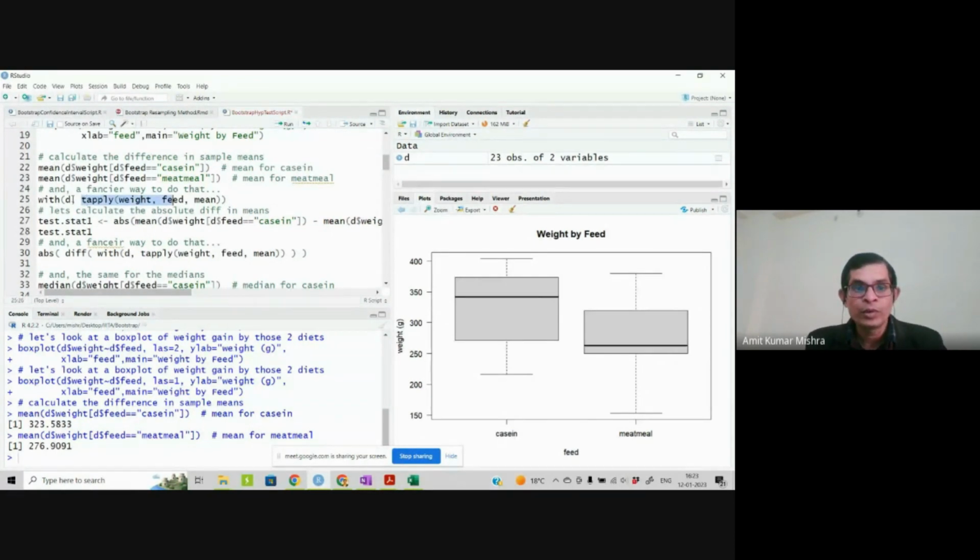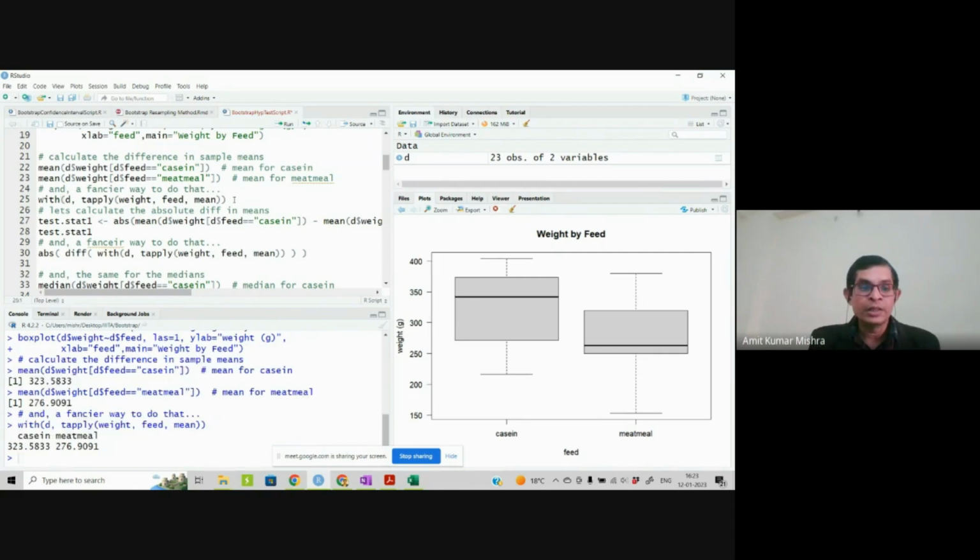Again, inside I am using the function tapply. tapply again takes the data and applies a function, which is mean, based upon the second argument, feed. That means if I run this command, it will give you the mean of both things simultaneously. You can see here it is giving you the mean of both.